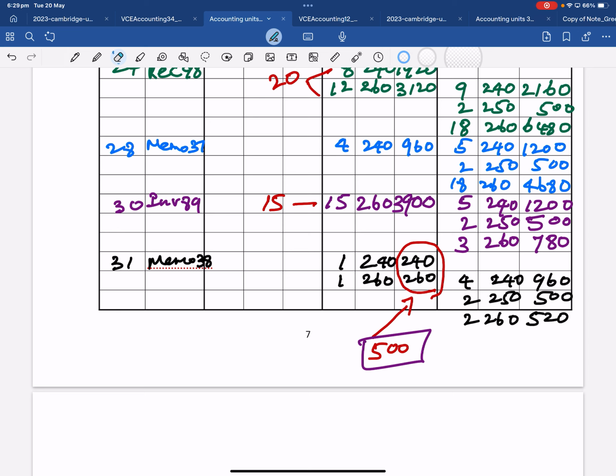What is the definition of the expense? Decrease in assets or increase in liabilities that decreases the owner's equity. Good.